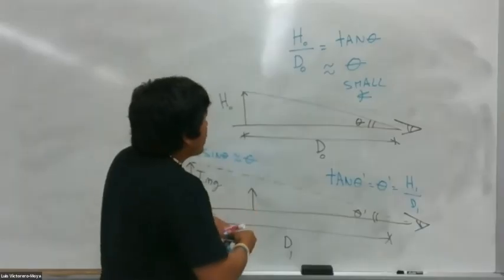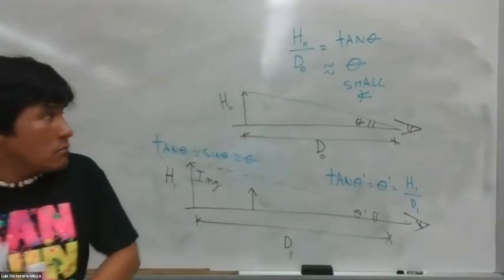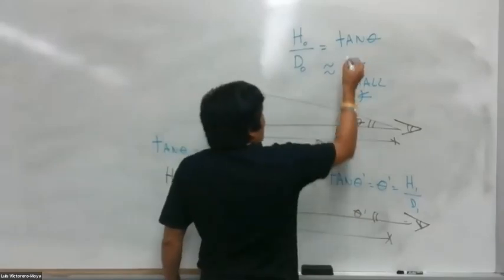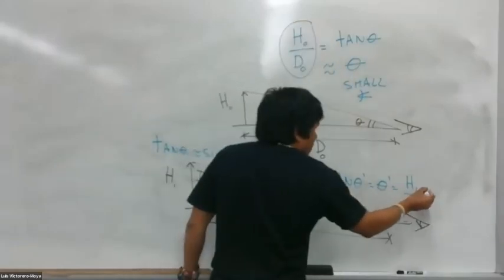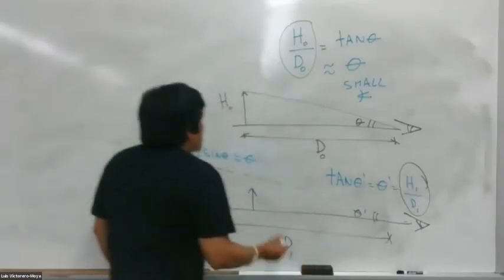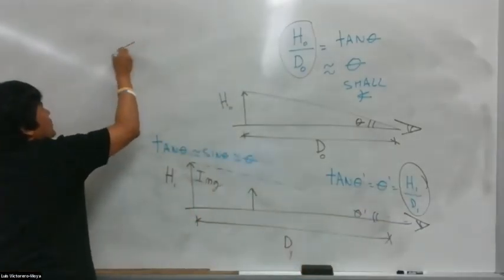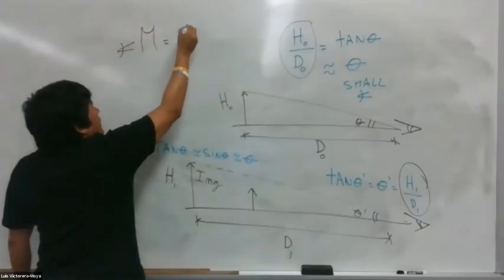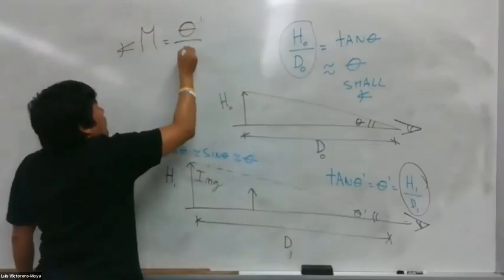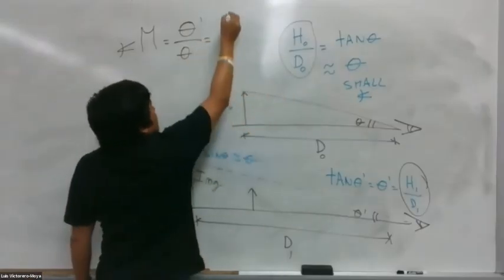So you have theta, and you have theta prime. So the angular magnification, let's call it like this, will be theta prime over theta, which will be the equation that you have on the slides.